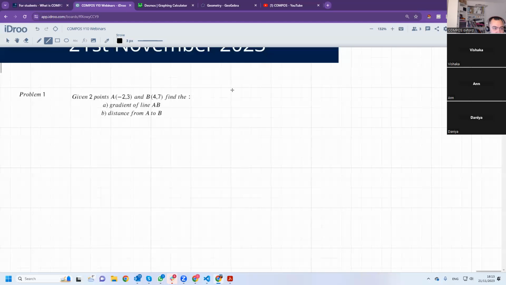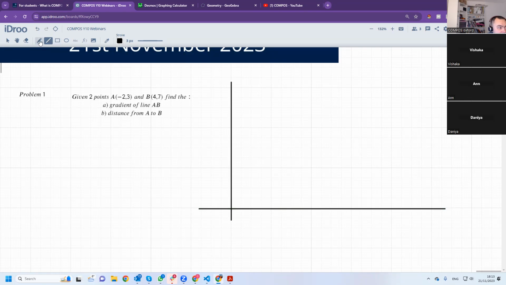So I'll go through this quickly. You have 2 points, A (-2, 3) and B (4, 7). So you just draw the point A (-2, 3), and B (4, 7), and you draw a line. The gradient is how many squares? So you count the squares: 1, 2, 3, 4, 5, 6.